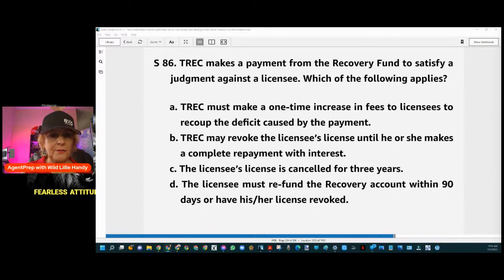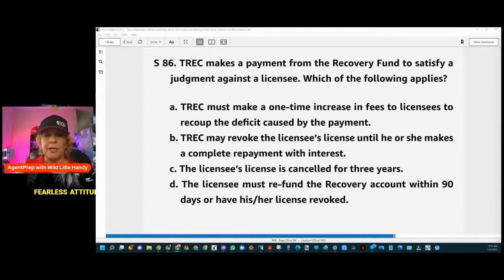Right, because that is money that has to be recouped, because that recovery fund is used to pay individuals, civilians that win the case on a complaint against a realtor, a broker, salesperson, sales agent. E&O is what protects us from errors and omissions.